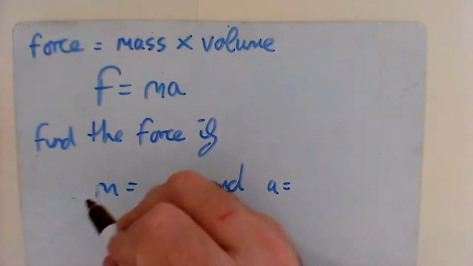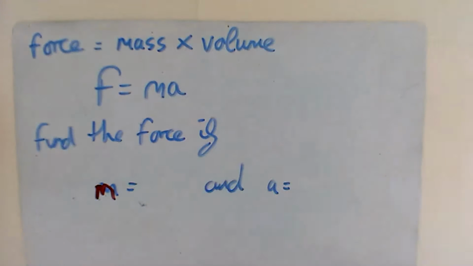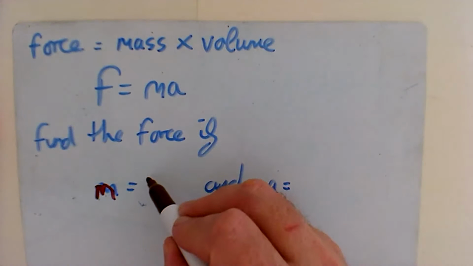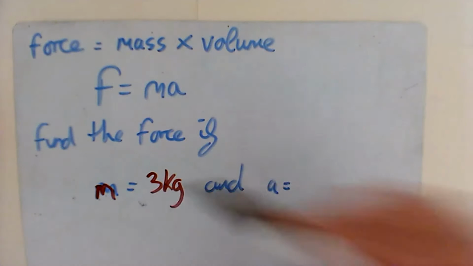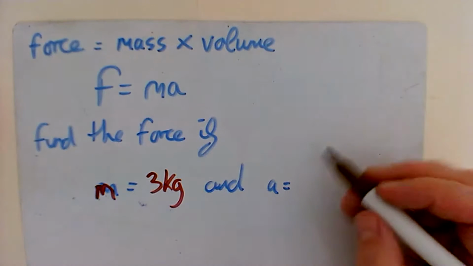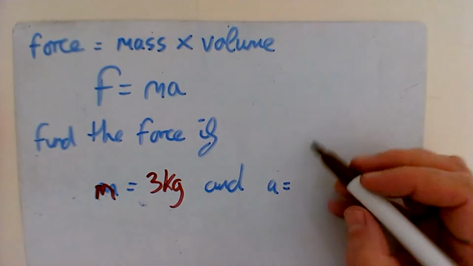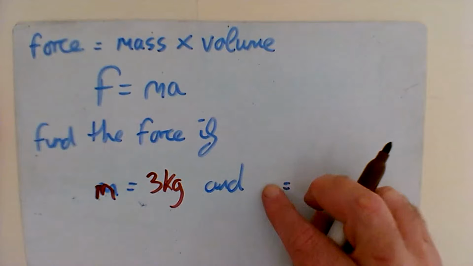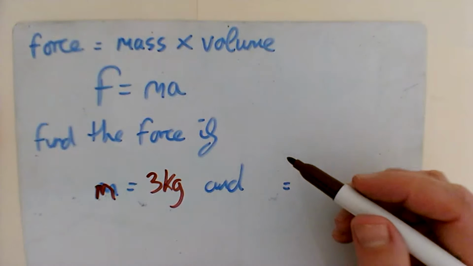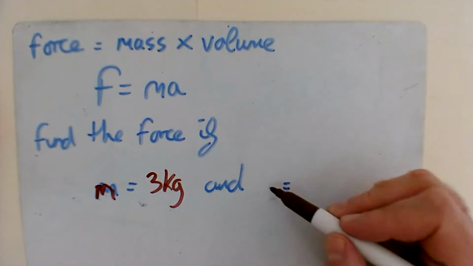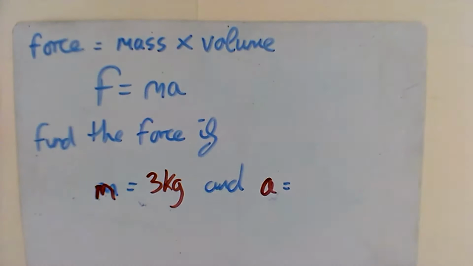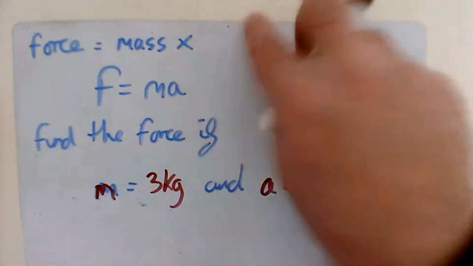So find the force if m is equal to, say, 3 kilograms. I'm just making this up. And the volume, I don't know what, oh yeah, volume. I've written that down correctly. Mass times volume. I think it's mass times area.